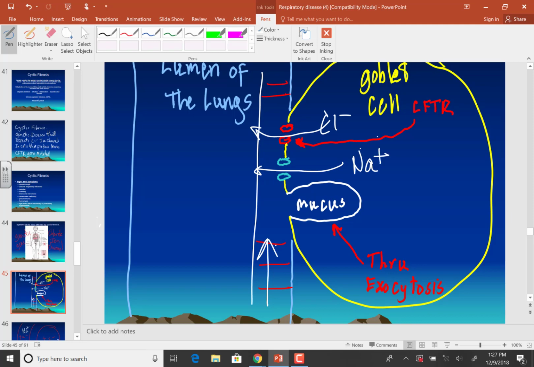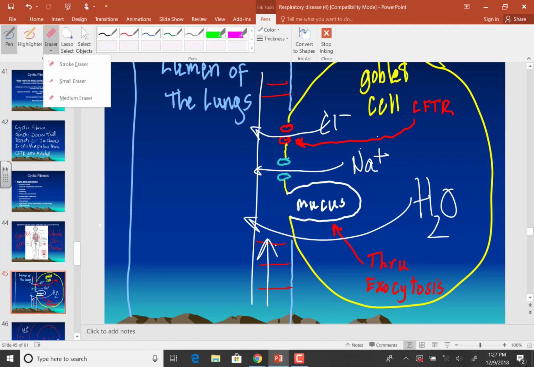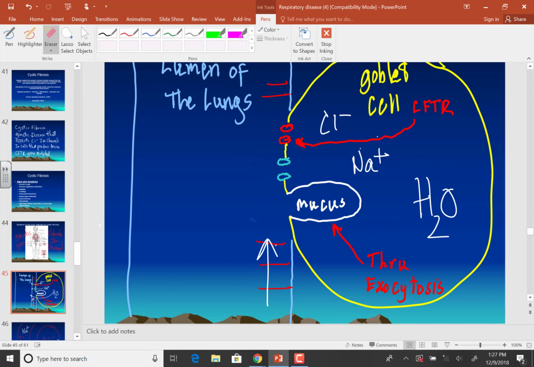And as we all know, water is going to follow sodium through osmosis. So anytime you add water to something, you're going to thin it out. So this is how, in normal physiology, we make mucus that is movable and does its job.